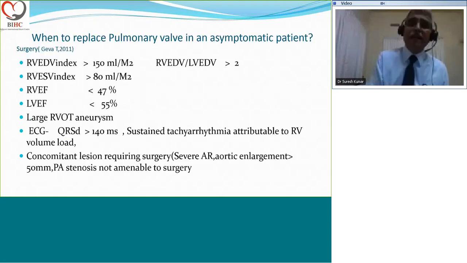So when do you replace the pulmonary valve in an asymptomatic patient? I'm relying on the landmark paper by Tal Geva from Boston Children's Hospital.